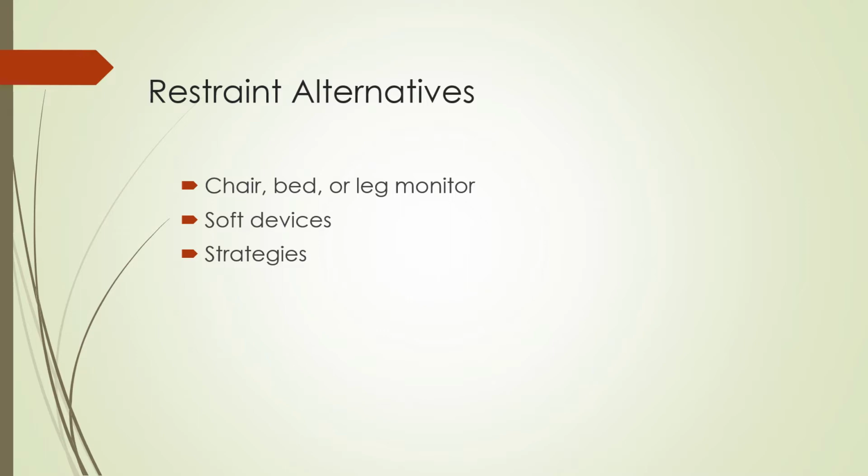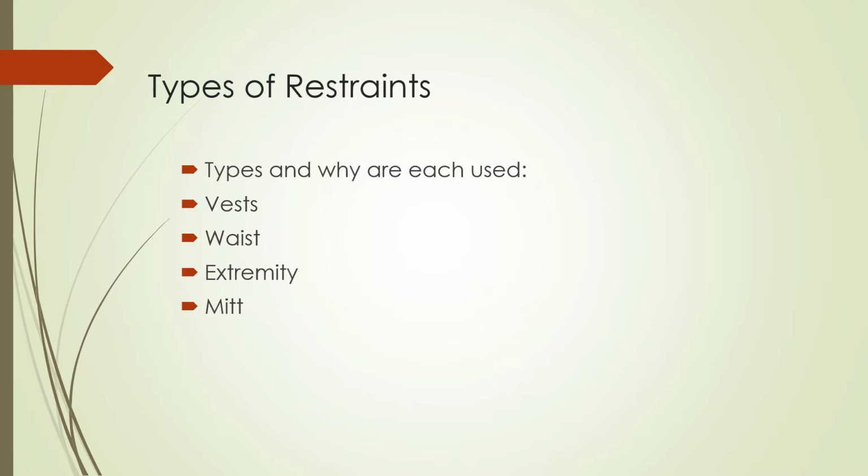So that's restraint alternatives. The chair, bed, and leg monitors or soft devices we have used in the past, and we don't use them very often, but vest restraints, waist restraint, extremity, and mitt restraints. And we would use these only in the case of a patient trying to harm themselves, or going to cause harm to themselves, or they're going to harm somebody else.